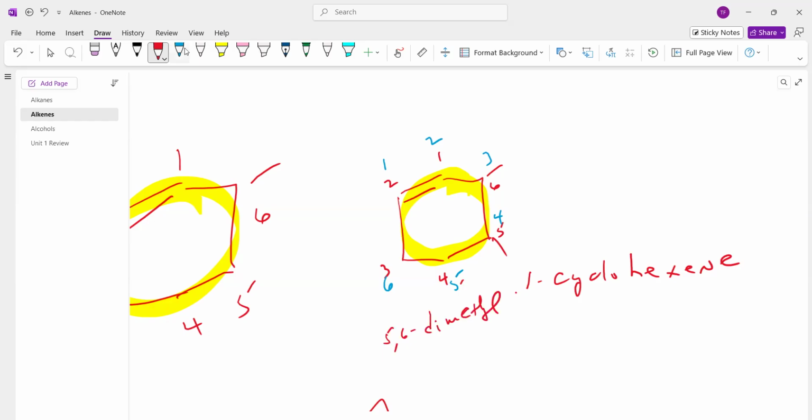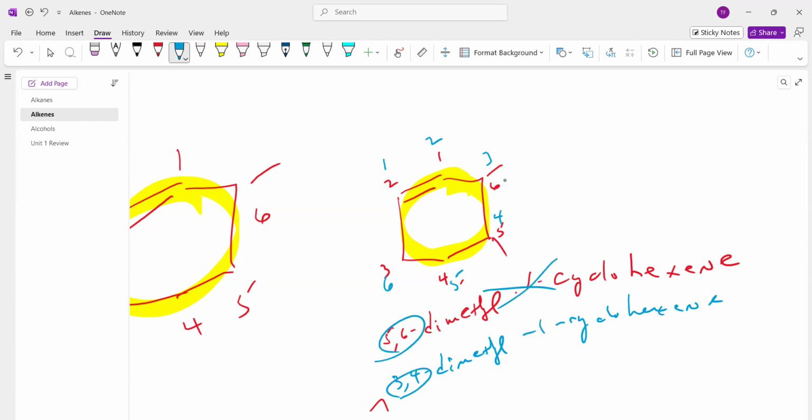If we're doing it in blue, it's going to be 3,4-dimethyl-1-cyclohexene. Okay, so using the same argument we did before, these numbers are bigger. So the same naming philosophy would come into effect where you have the lower numbers.